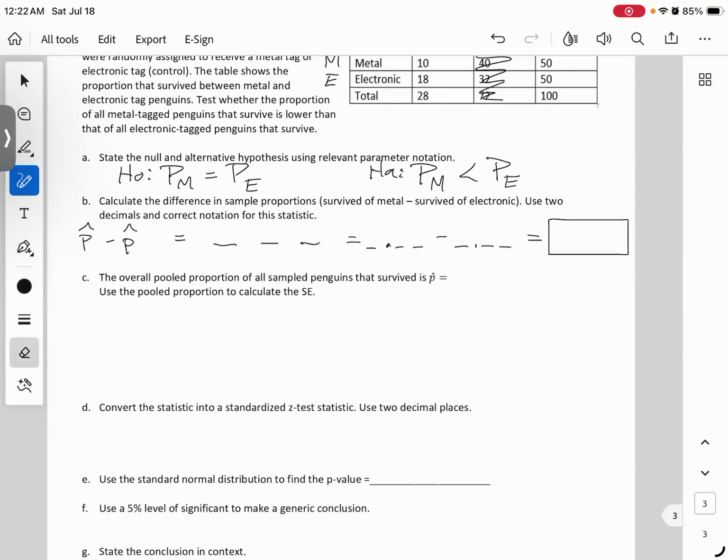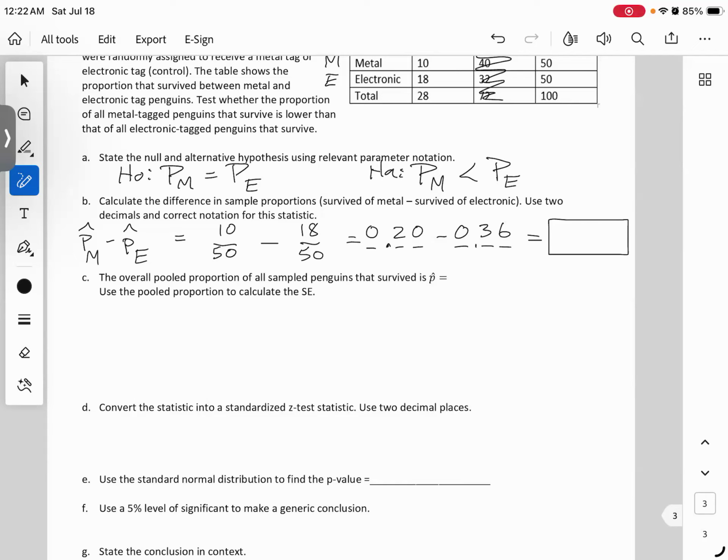So what we'll do is we'll come here. If we're doing metal minus electronic proportion-wise, we've got 10 out of 50 minus 18 out of 50. The reason I suggested doing the decimals is because that gives us a real quick snapshot.